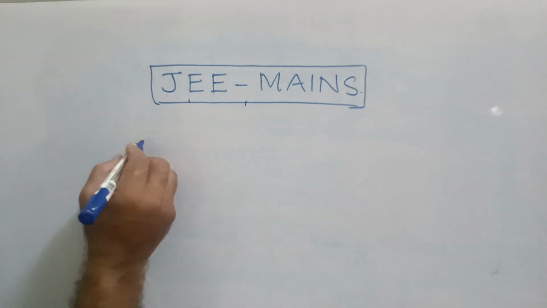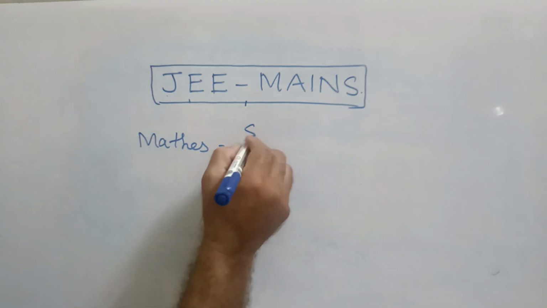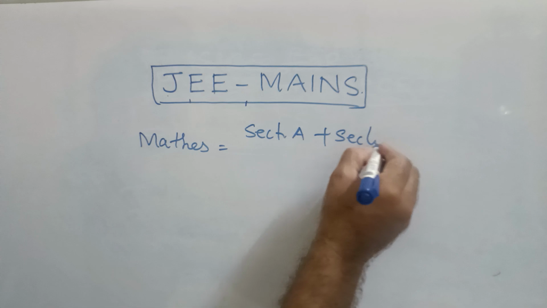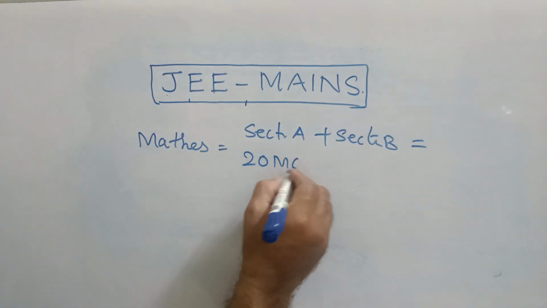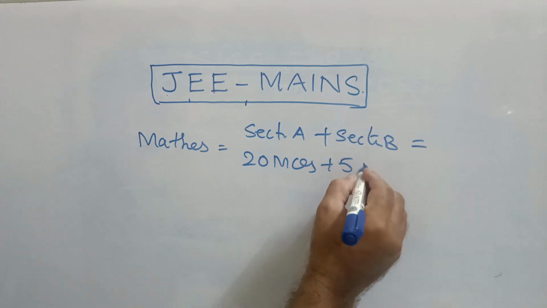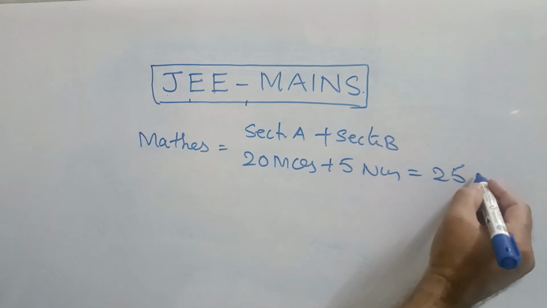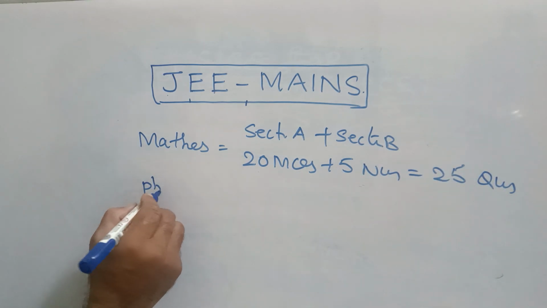From mathematics, section A plus section B: 20 MCQs plus 5 numericals is equal to 25 questions in total.